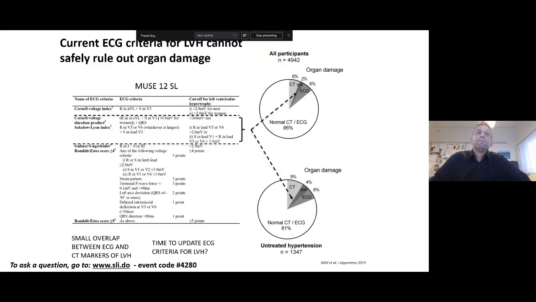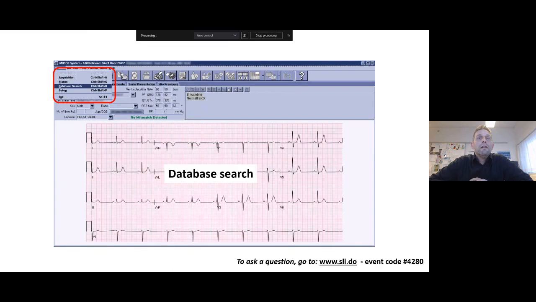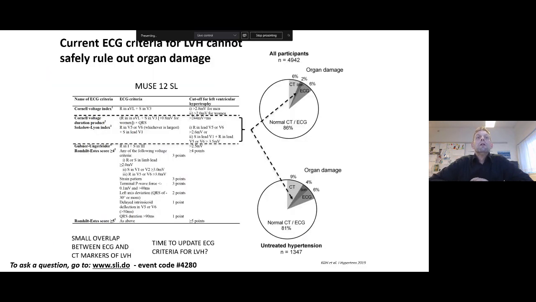So here we used our Excel files with the 12SL ECG measurements to quantify 6 different ECG criteria for left ventricular hypertrophy, as you can see here in the table. We then compared those findings to CT images of the left ventricle in nearly 5,000 patients, and we were actually surprised to find that there was only a 4% overlap between ECG criteria of left ventricular hypertrophy and organ damage by CT.